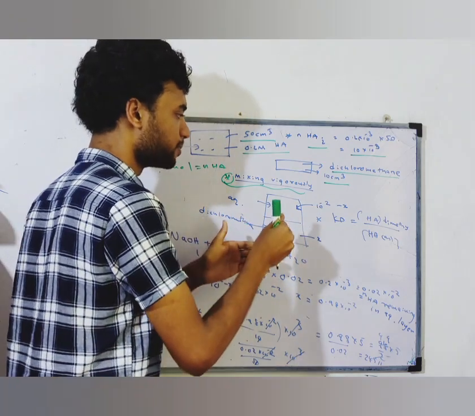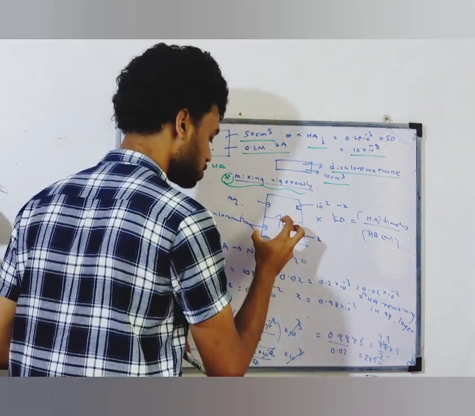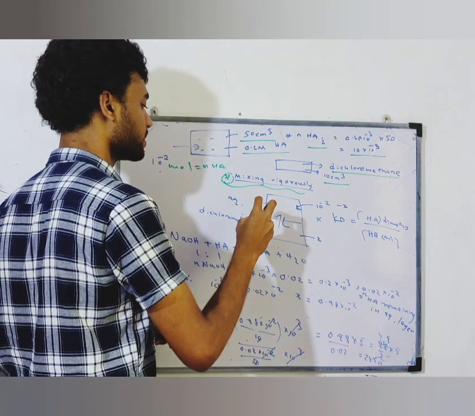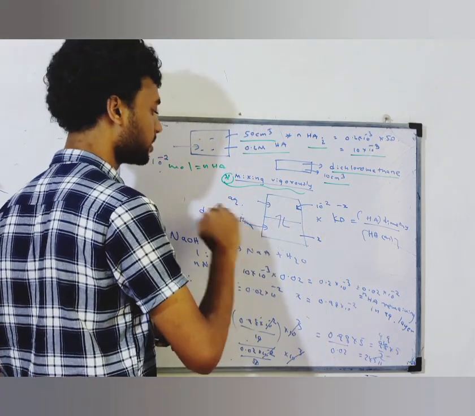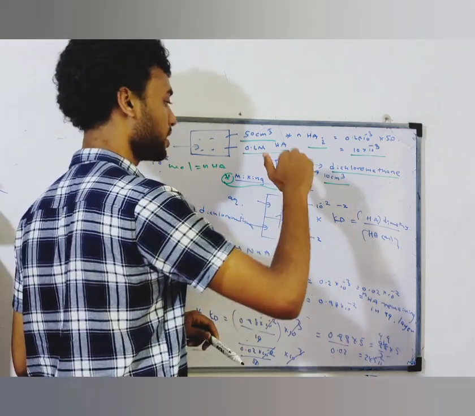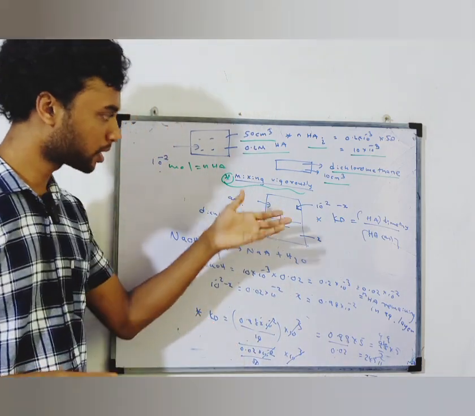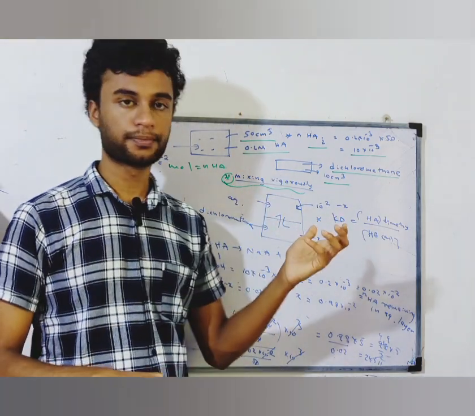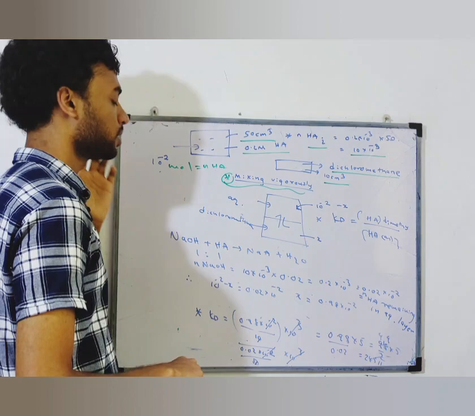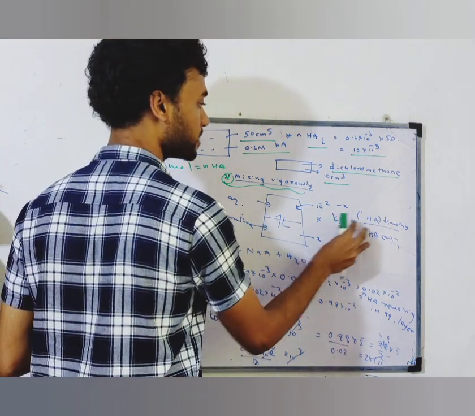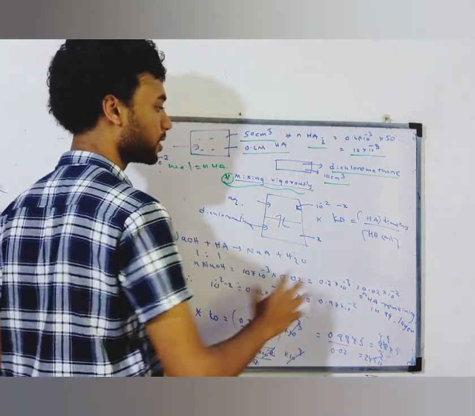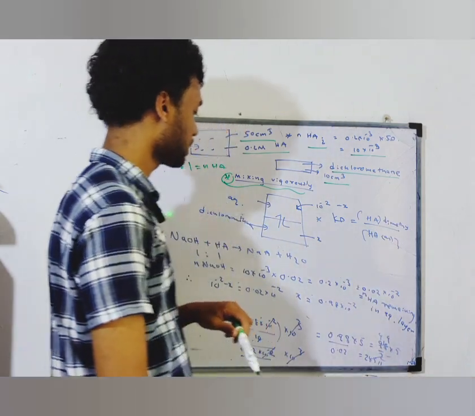There is going to be an equilibrium: HA in dichloromethane in equilibrium with HA in the aqueous layer. So Kd is equal to HA in the dichloromethane layer divided by HA in the aqueous layer.